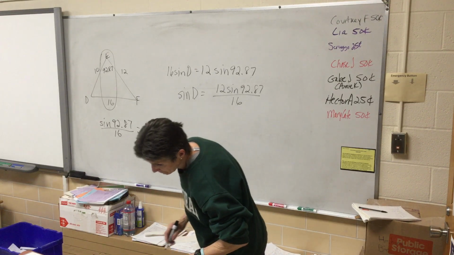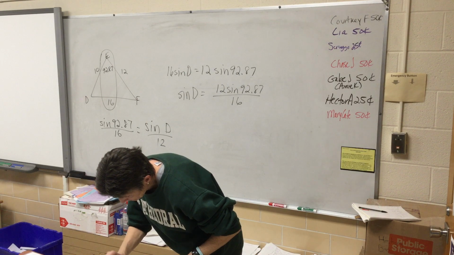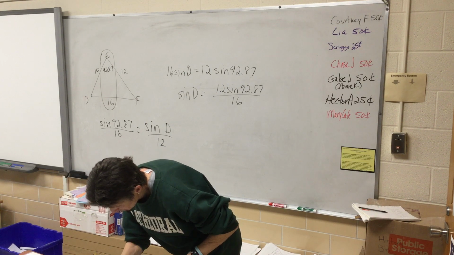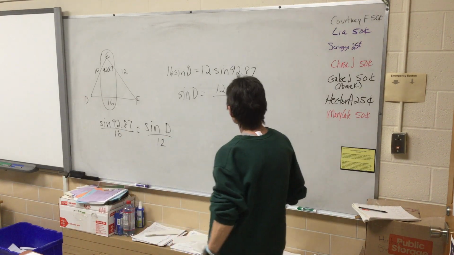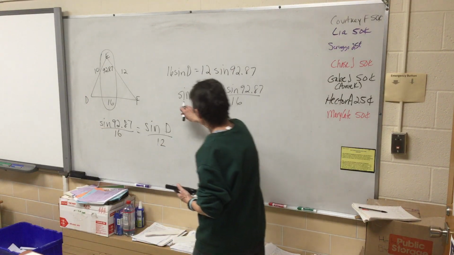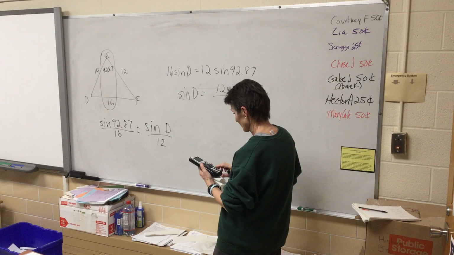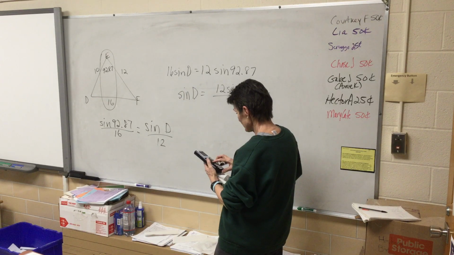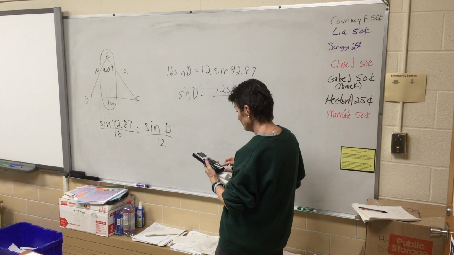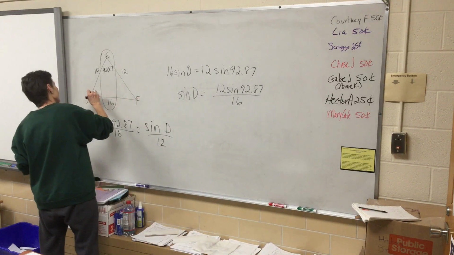And then what? What do I type into my calculator? Inverse sine of 12 sine 92.87, close parentheses, divided by 16. I got 48.51.